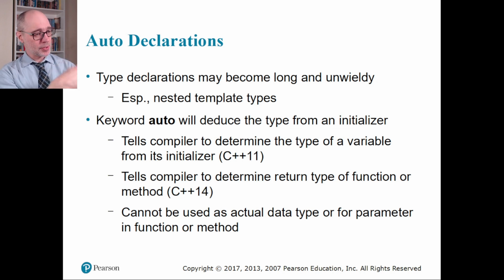And auto is sitting here for the type of my variable. And now I'm like, I guess this will work. I hope I'm using the variable right in the code that I'm writing afterwards. And I start to just be a little bit less confident that I really know what's happening here because I'm not seeing the type on screen anywhere. So maybe I'm an old fogey and I just need to get used to that. But I think there's some benefits to actually seeing the explicit type to communicate what this code is about, frankly.